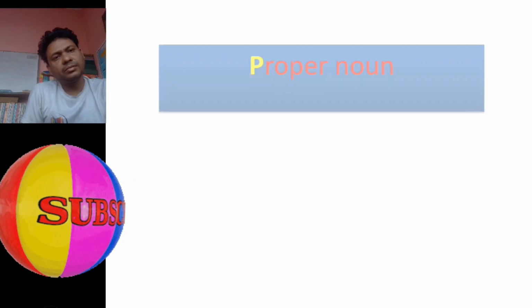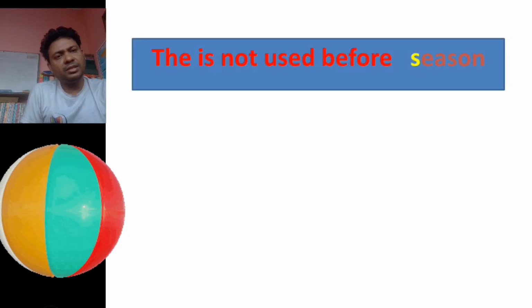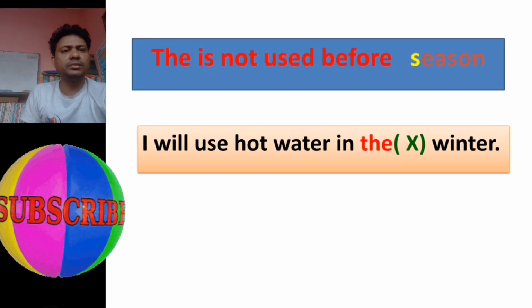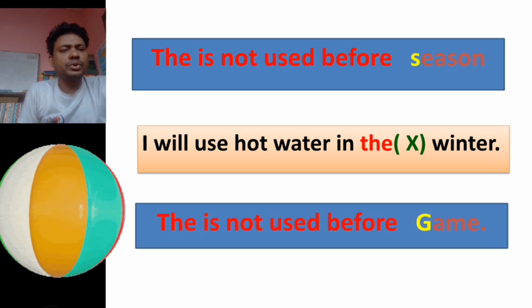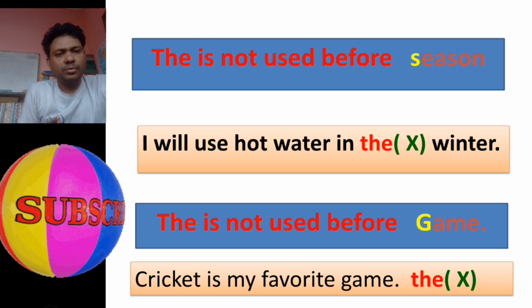Am I right? Okay. Dear students. Proper noun: I know the dash noun. This is not used before season. I will use warm water in the winter. This is not used before game. Cricket is my favorite game.